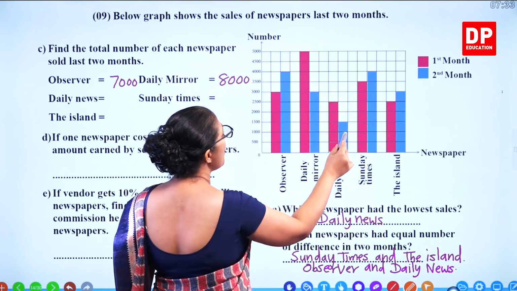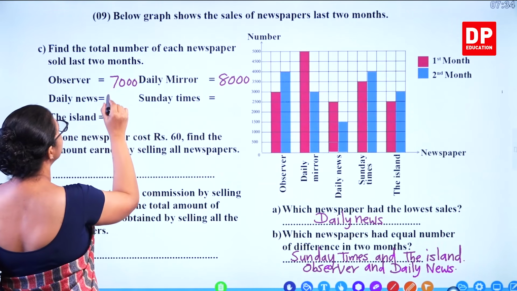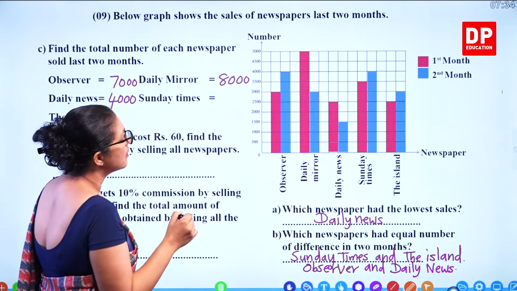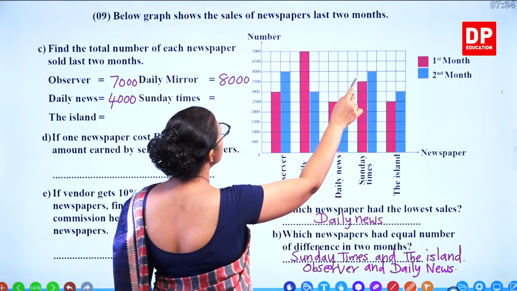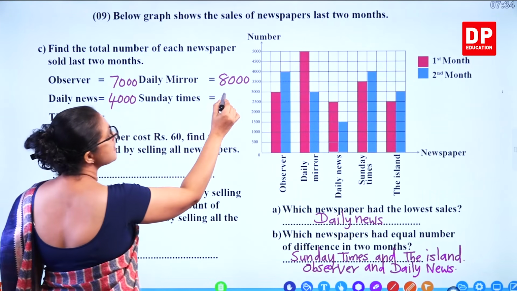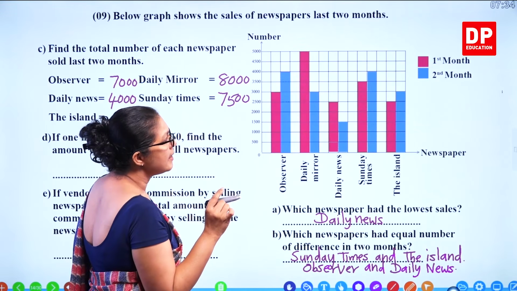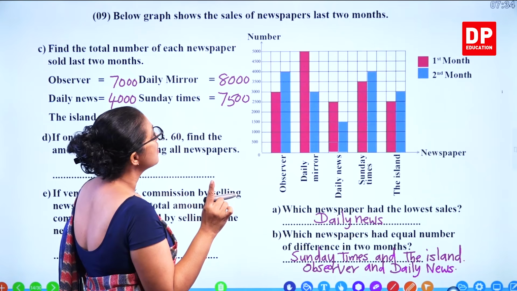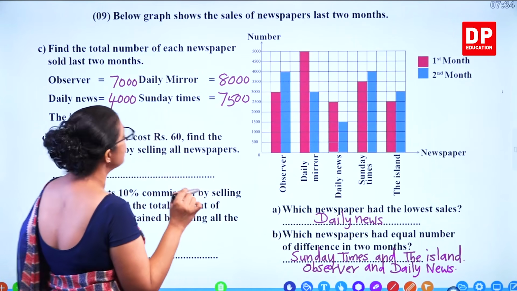So you get 4,000. Sunday Times, 3,500 and 4,000. So 7,500. That's Sunday Times. And The Island, 2,500 and 3,000. So you get 5,500.